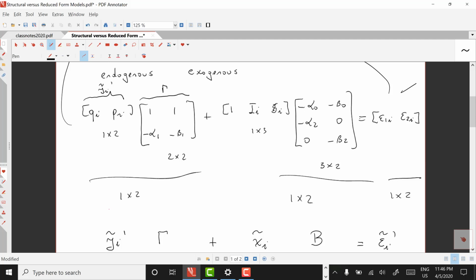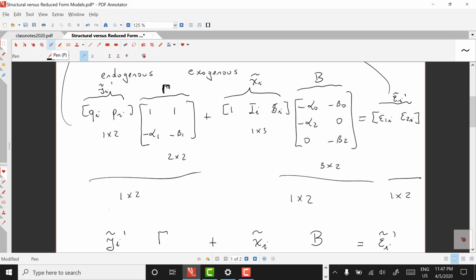This matrix here is, I think, sigma. This vector here is what I later on call xi tilde. And this matrix of vectors is what I call B. And this underneath I call E tilde I prime. Okay?